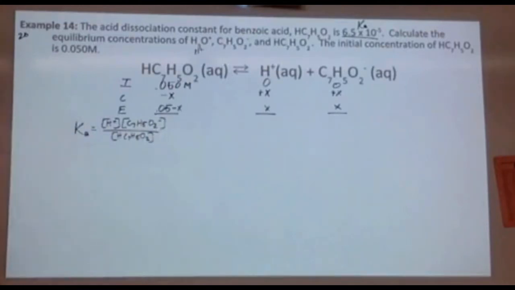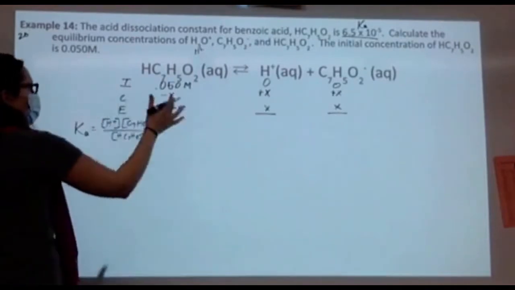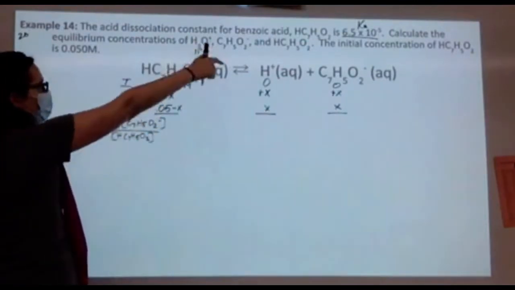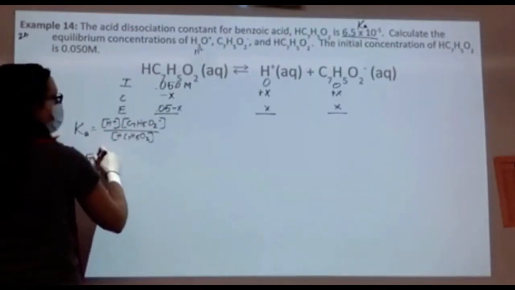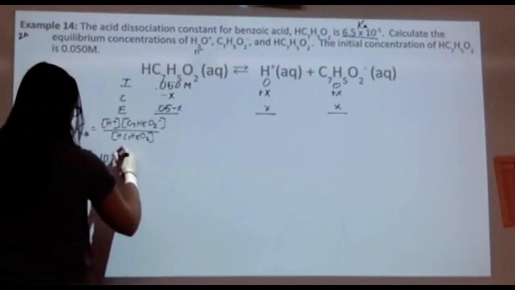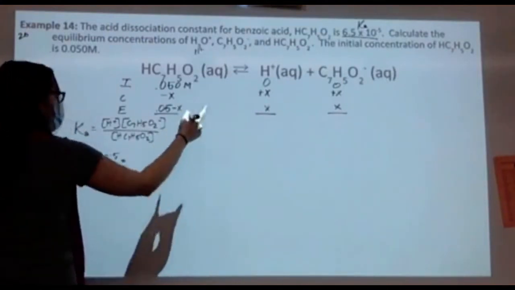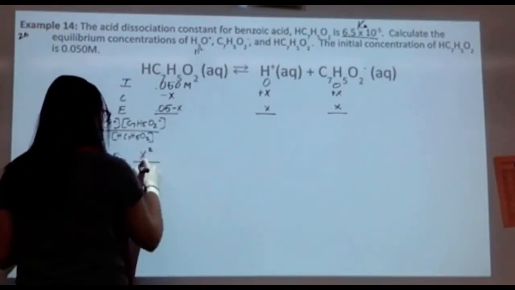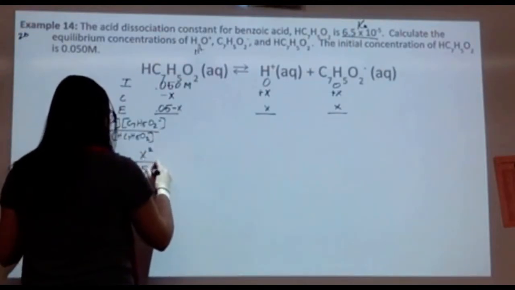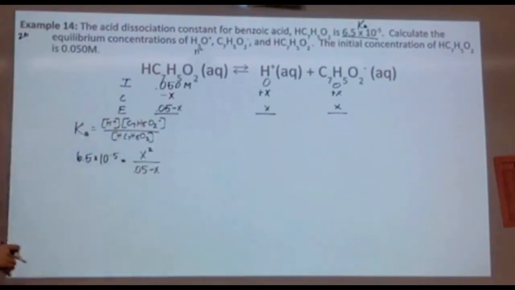They're all aqueous, so they can all get plugged into the K expression. So now I'm going to just plug in values. They said that Ka is 6.5 times 10 to the negative fifth. I have x times x on the top and 0.05 minus x on the bottom.